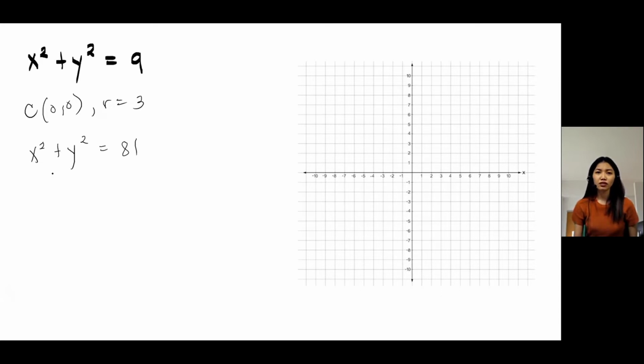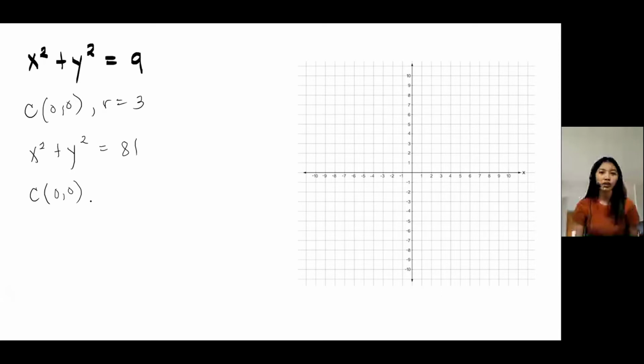It is in the form of x squared plus y squared is equal to r squared. So automatically, the center is on the origin or has coordinates of 0, 0. And for the radius, just simply get the square root of 81, and the square root of 81 is equal to 9.